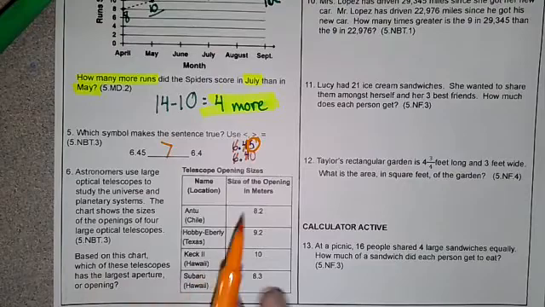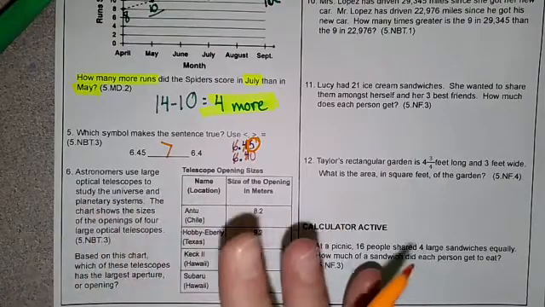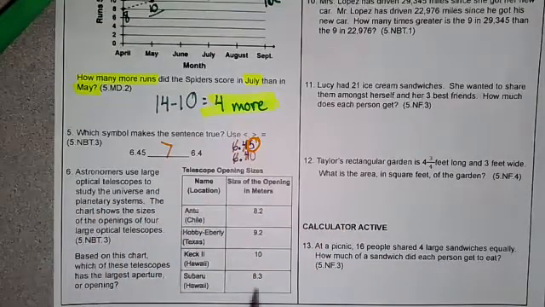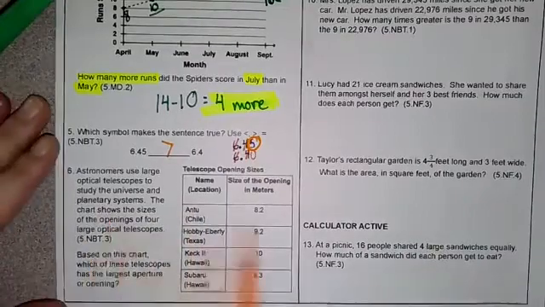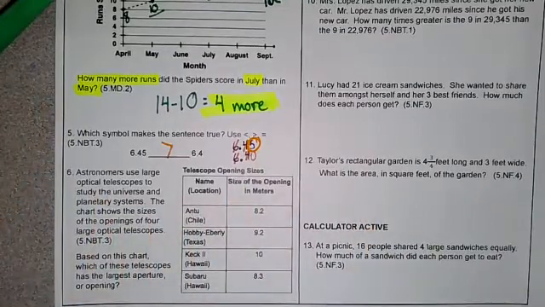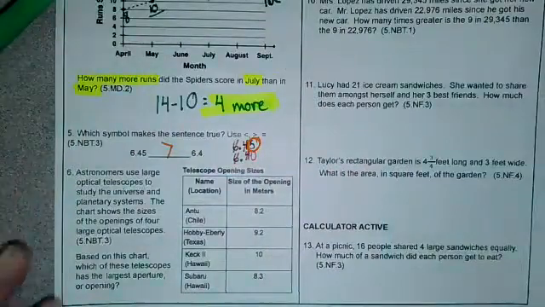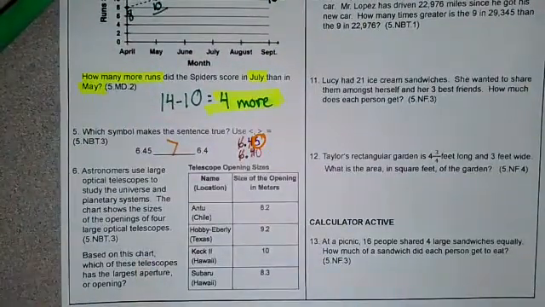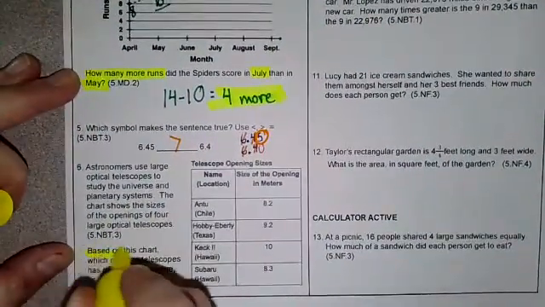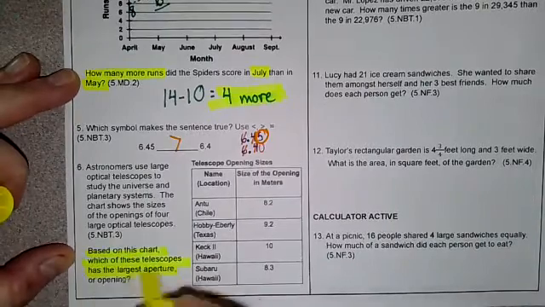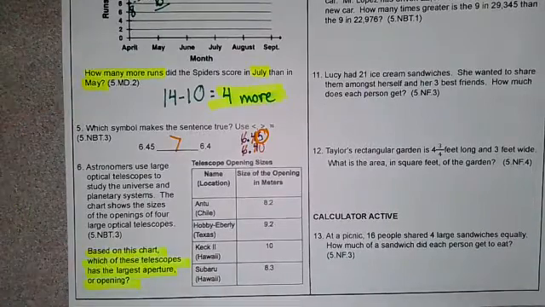Okay, it says a lot of stuff in here, and I don't know that we need to know all of that, but basically astronomers are using these big telescopes to study the universe, and each telescope has a different size opening to be able to see through the lens. The important part you need is down here. Based on this chart, which of these telescopes has the largest opening?